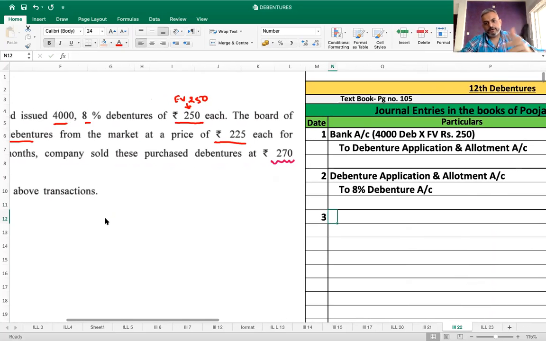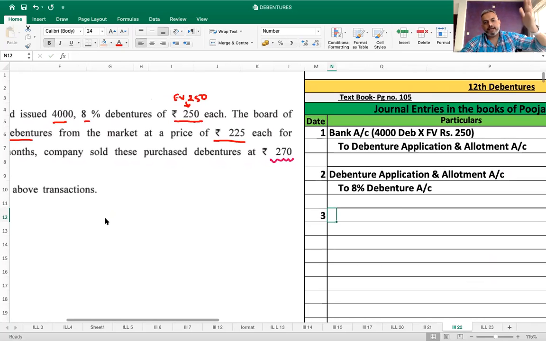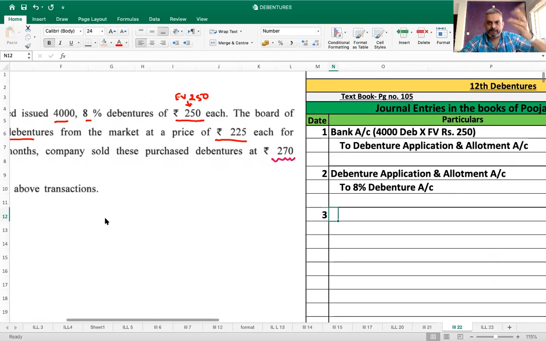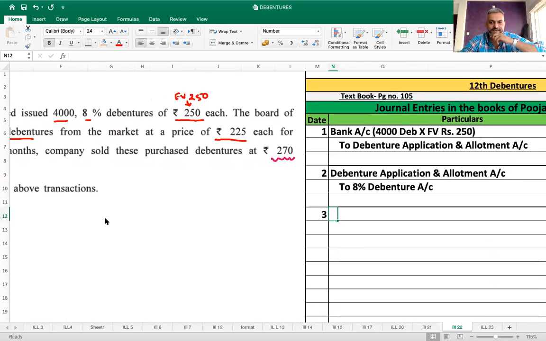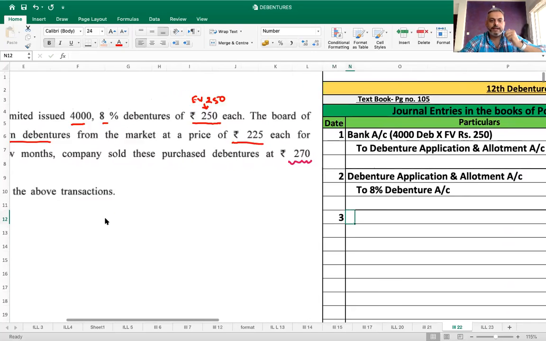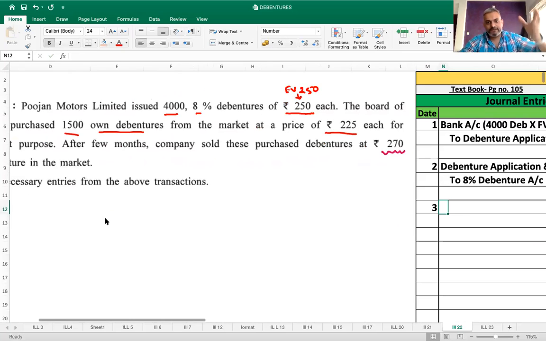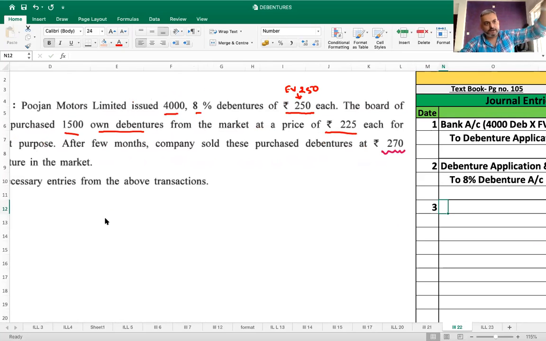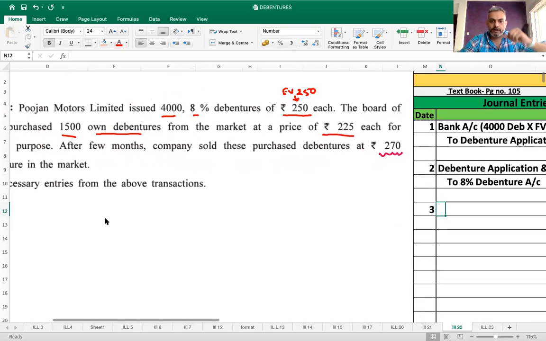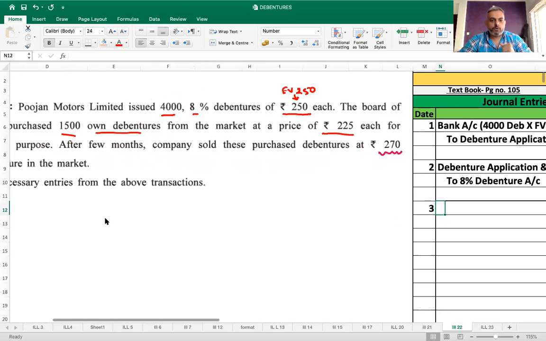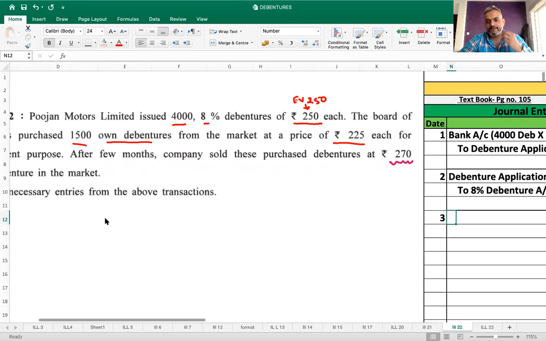Next. Now we issued debentures. Our debentures are there in the market. They get traded every day in various stock exchanges. And now what is happening? The price of our debentures in the stock market, which are with various debenture holders, went down to 225. So the board of directors decided that why invest our money somewhere else? We know our company better.